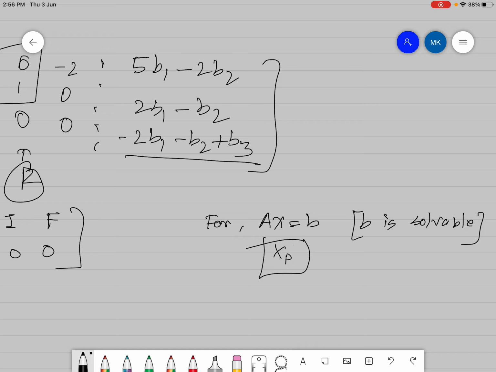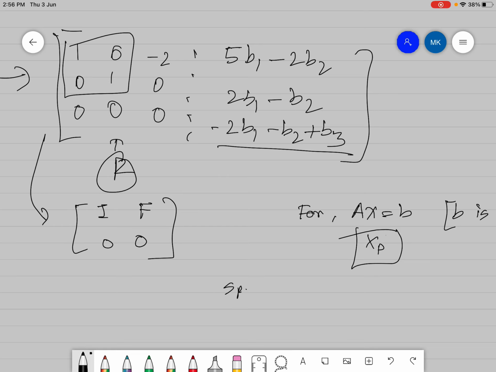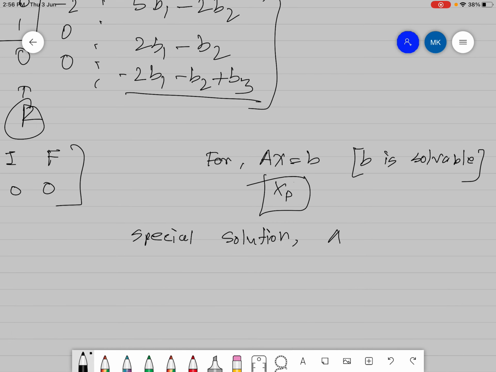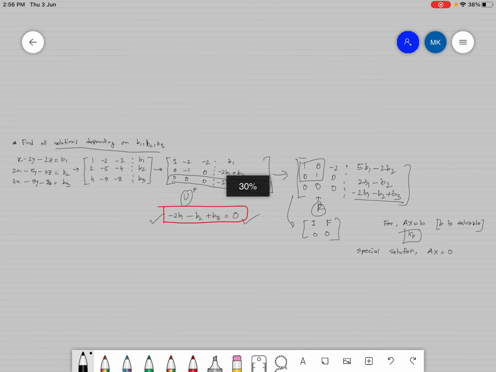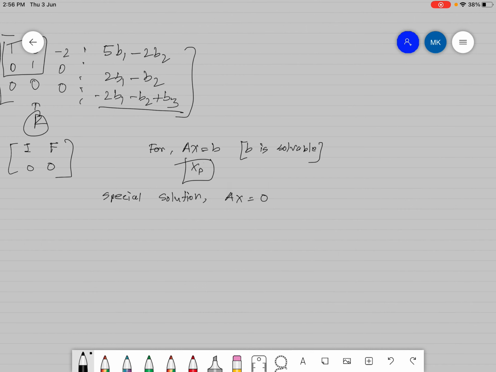Okay, and the special solution is for Ax equals 0. So basically we have to make the free column equal to 1.